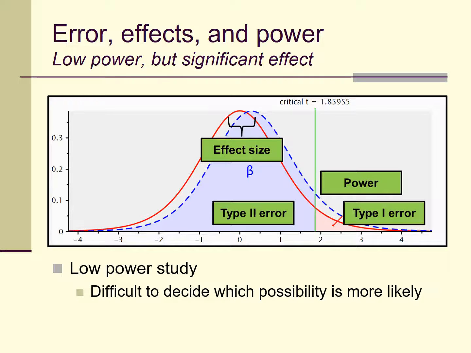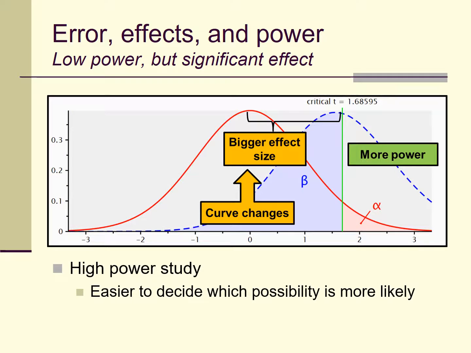Now, contrast that rather bleak situation to the situation you might have in a rather high-powered study. So let's imagine that you have a very large effect size. The distance between the null distribution and the alternate distribution is quite wide, which you can see quite easily here, especially given that it's a one-tailed test.